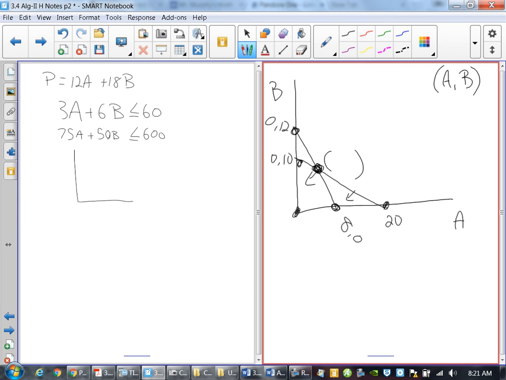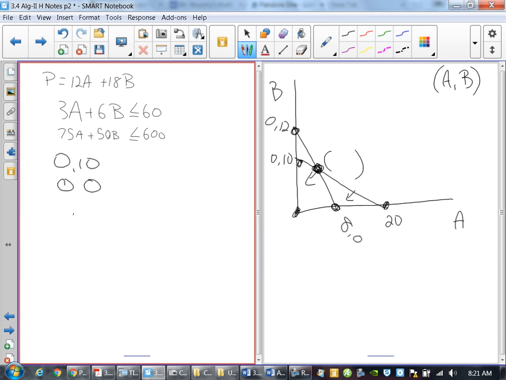So we have 4 points to check. 0, 10, 8, 0, 0, 0. And then the intersection of this one.